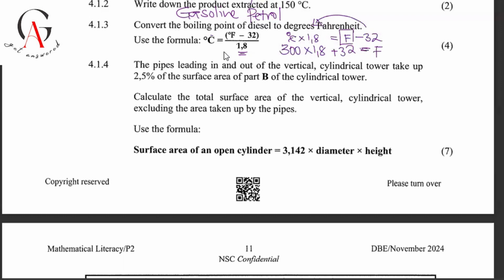So 32 has to jump over. So here we end up having 572 degrees Fahrenheit.